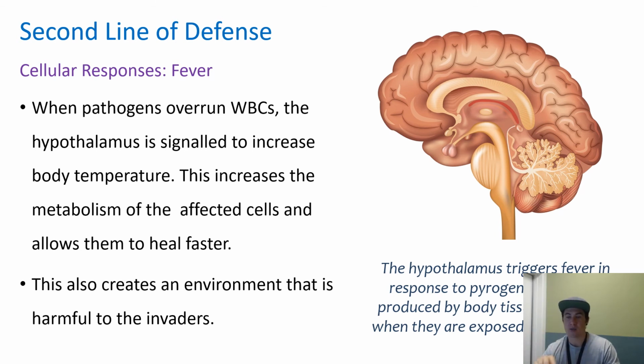And an increase in your body's temperature increases the metabolism or the functioning of your white blood cells. It also creates an environment for bacteria specifically and viruses where that temperature is a harsh environment for them and they can't function so well.